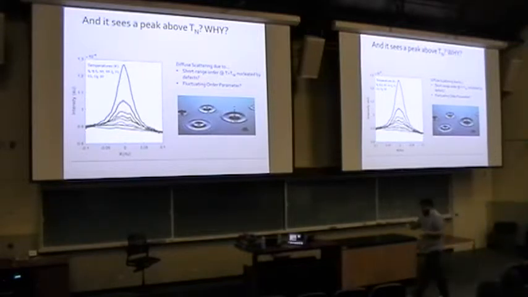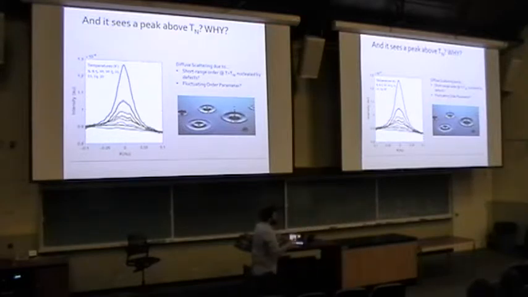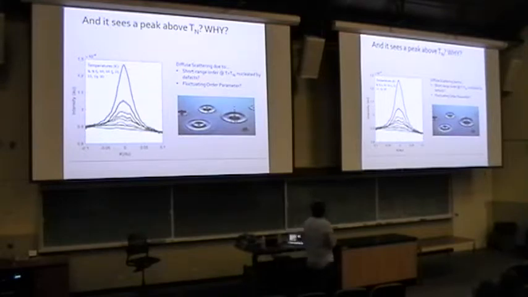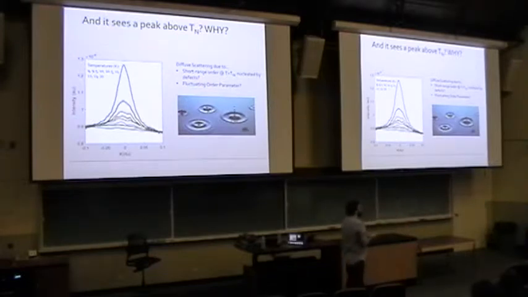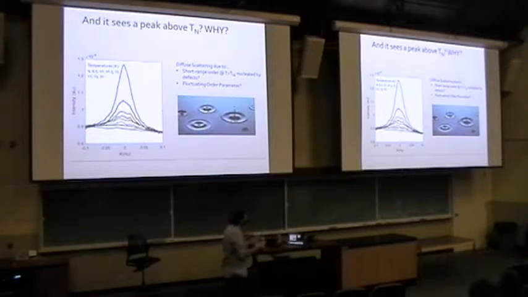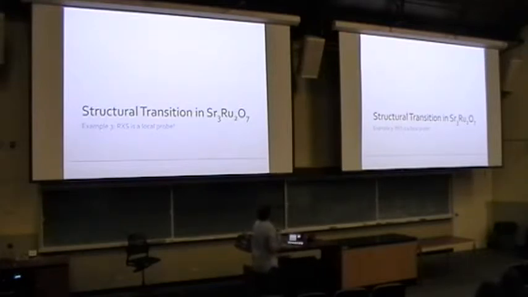Yeah, so that's the direction of that cut there. But depending on the geometry, you can take a cut along the other direction. So you're still sensitive to even small portions of shortly correlated orders above the transition.